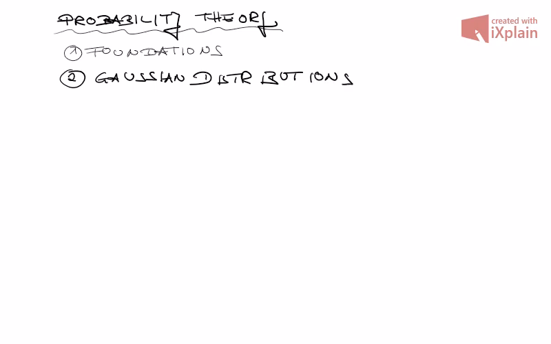And actually, this introduction to probability theory, foundations, Gaussian distributions, that's not only of interest for the general linear model, but that's of interest for a lot of stuff that is going on in cognitive neuroscience, because a lot of the stuff that is done in cognitive neuroscience uses probabilistic models.